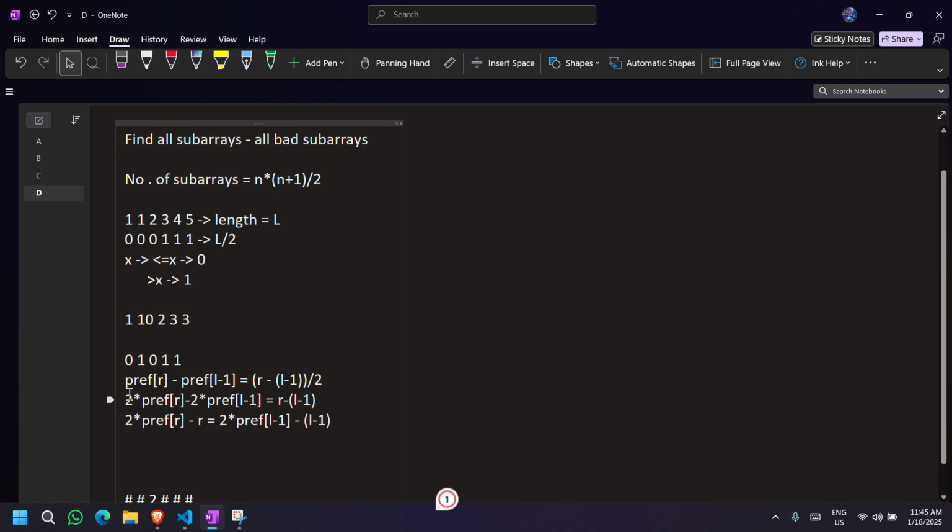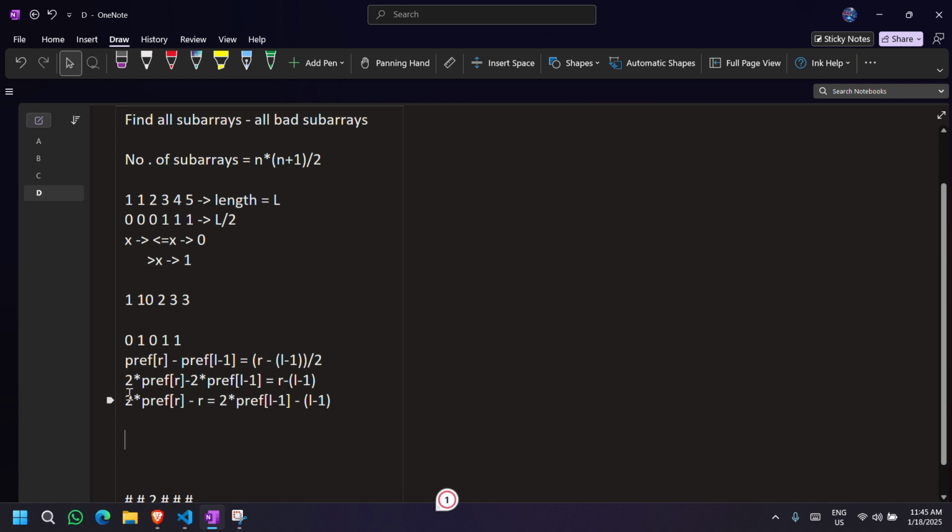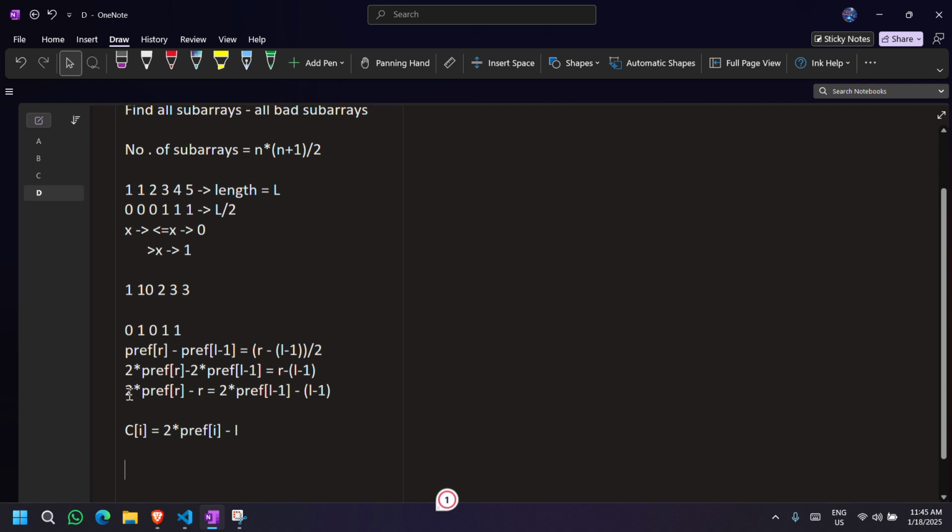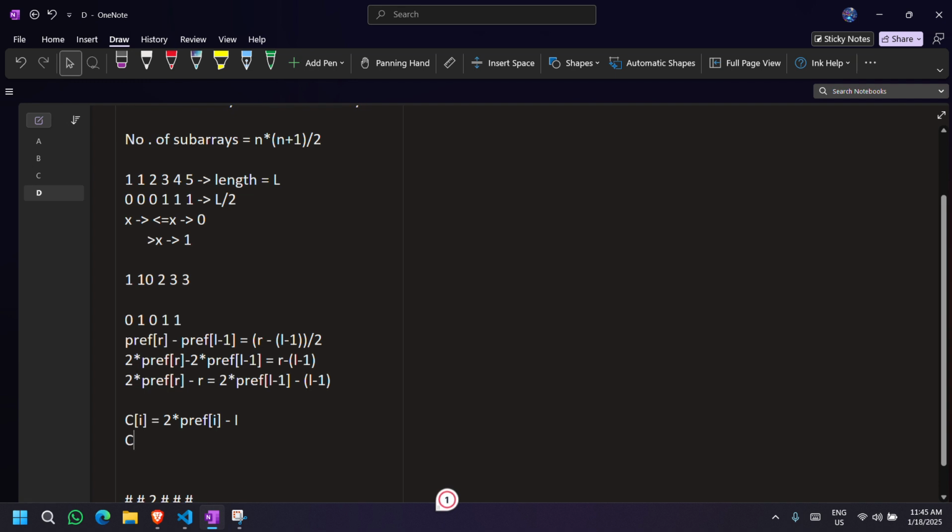So how to do this? Let's make another array C whose ith element will be equal to 2 times prefix of i minus i. So now in this array you have to find the number of (i, j) pairs which satisfy this property: C of i equals C of j.